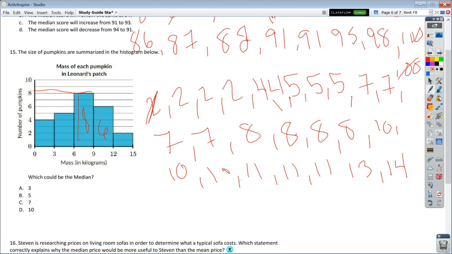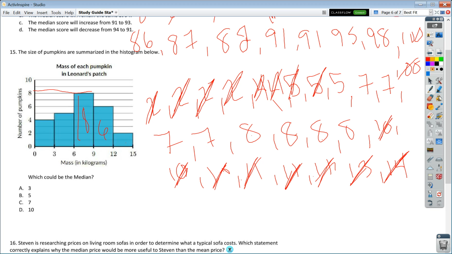And so I can cross them off until I get to the 4. 5, 5, 6, 6, 7, 7, 8, 8, 9, 9, 10, 10, 11, 12, 12.